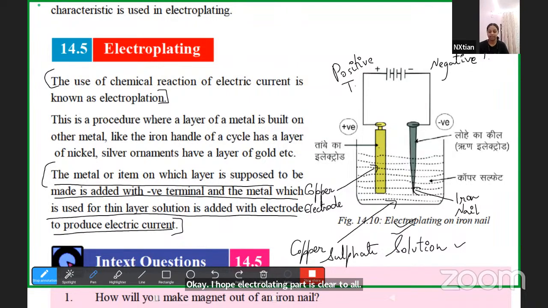How electroplating is done. Hello. Hope this helps. Didn't hear. I was just asking if there's any doubt in it. It's clear to you all. No, I got it.